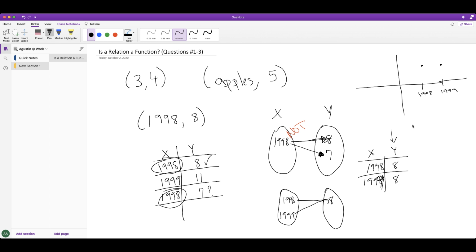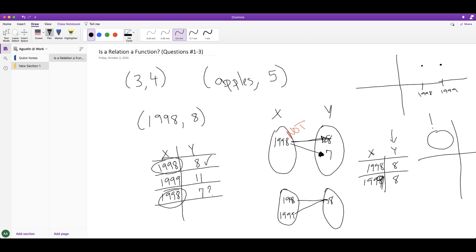Now that we're on the topic of graphs, how can you tell if a graph is not a function? We use what we call the vertical line test. If I have a graph that looks like a circle, will this pass the vertical line test?